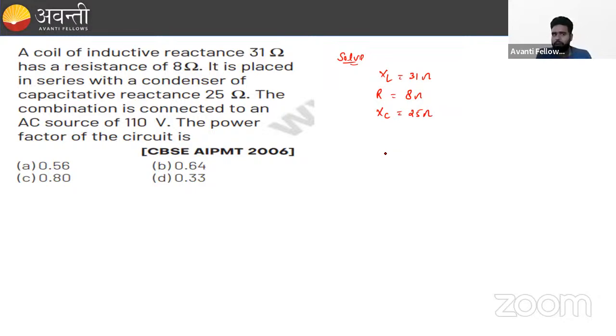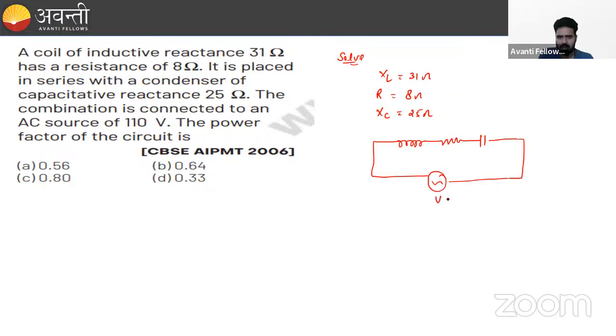It is connected in series, so we can say this is our inductor, this is our resistor, and this is our capacitor. All three are connected in series via an alternating source, and the AC source has a voltage of 110 volt.